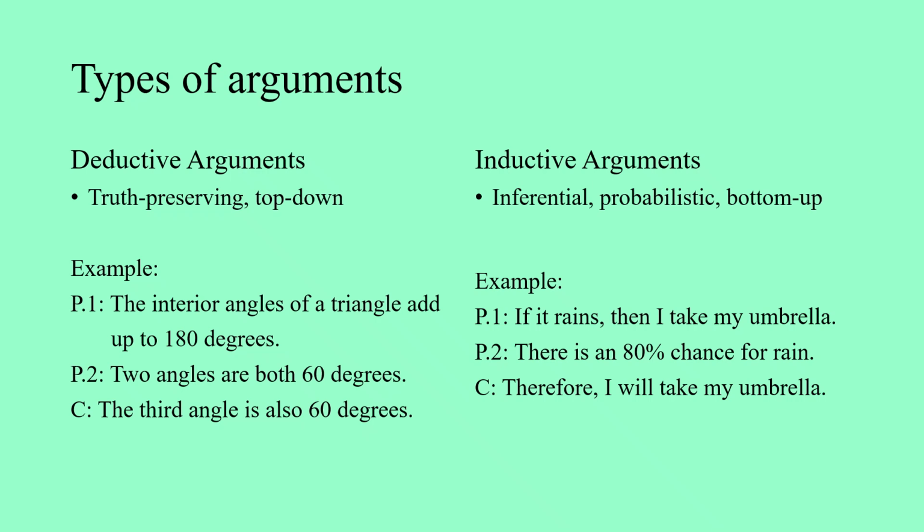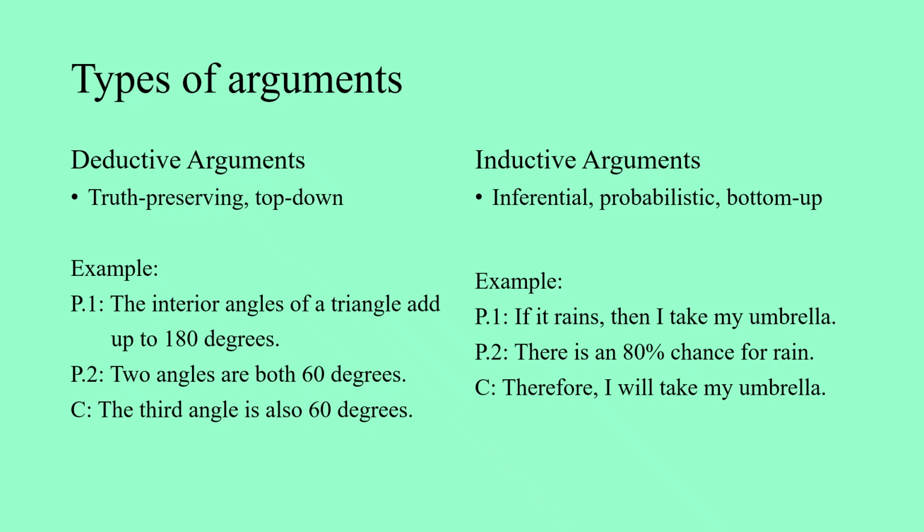You might think that that is a pretty strong argument, because I have a pretty good understanding that it might rain today, that it's an 80% chance. That's pretty solid evidence or probability to justify me taking my umbrella.